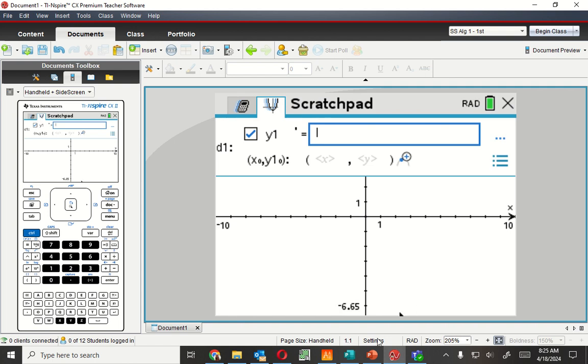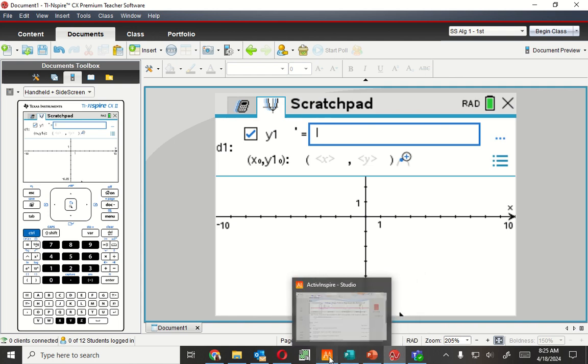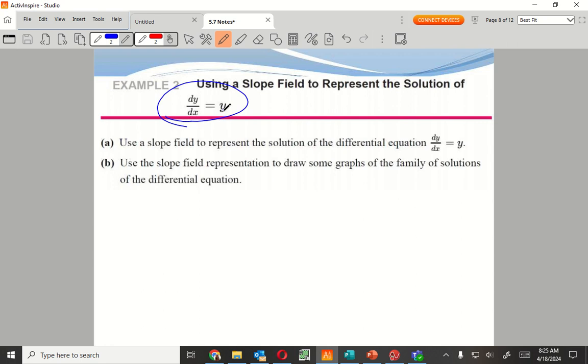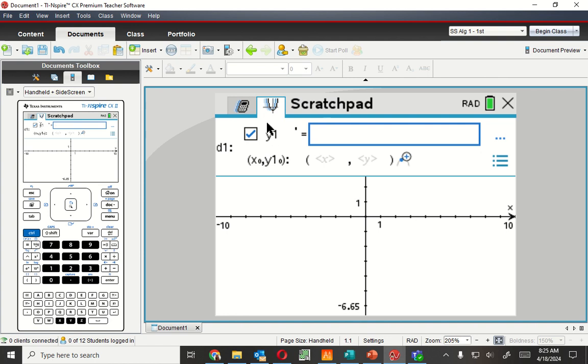Now, our equation is y. So to show that this dy dx, it says right here, y, remember this tick mark, what does that mark mean? Prime. Y prime, which means the derivative, right? The dy dx, it means the same thing.